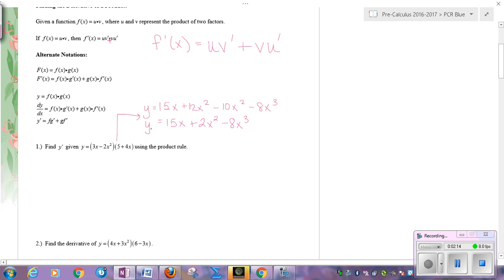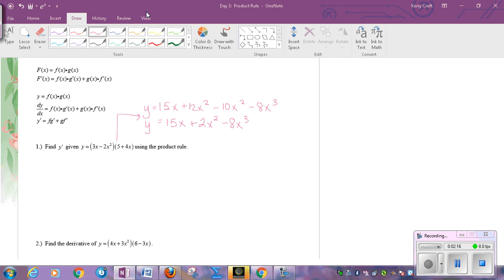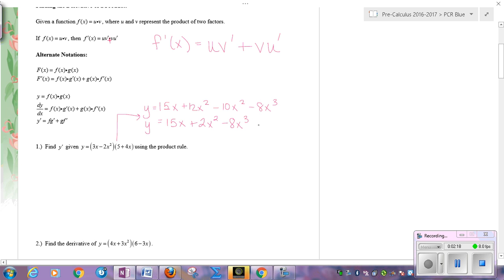So with that being your function, if you were now going to use the power rule to find the derivative, we would say that the derivative was 15 plus 4x minus 24x squared. Okay, and then that would end up being your derivative.